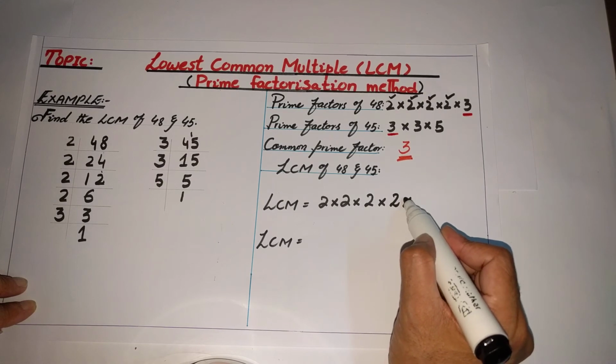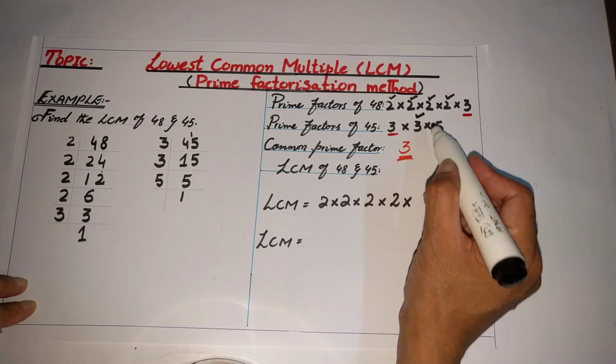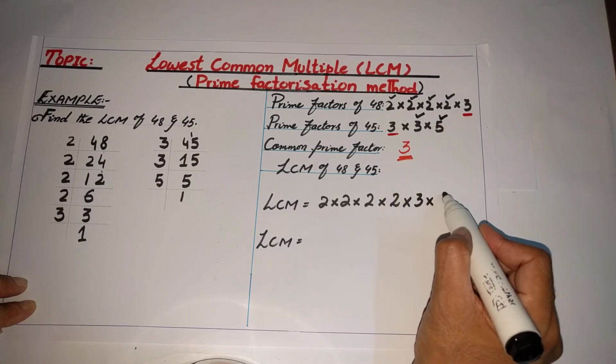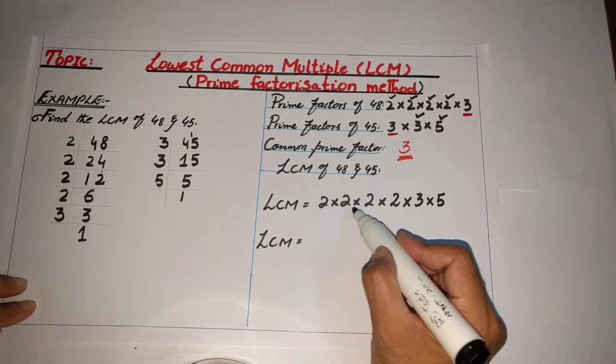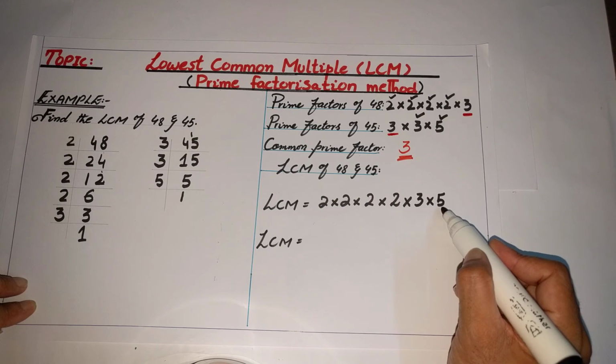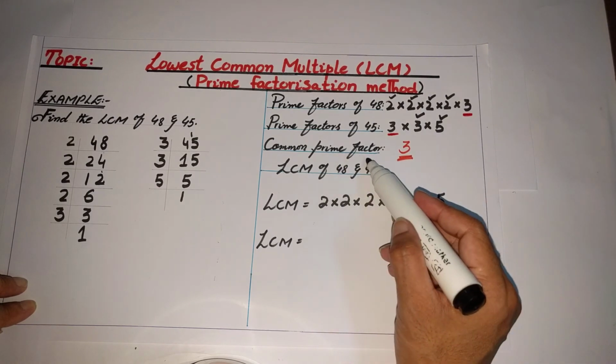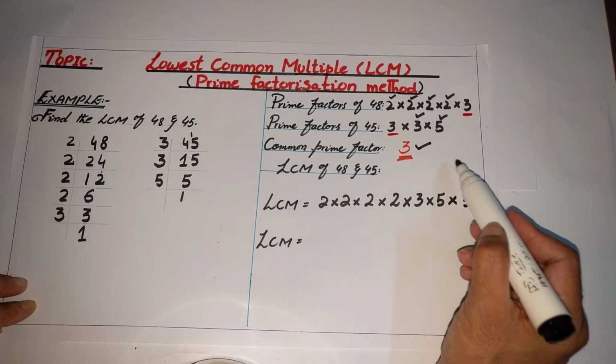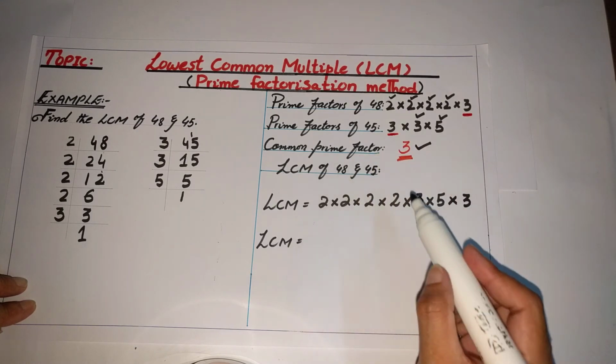Firstly, we will choose all the prime factors, not the common. Prime factor 3, prime factor 5. We will multiply all these prime factors by the common prime factor 3 only once, because we will use the common prime factor only one time.